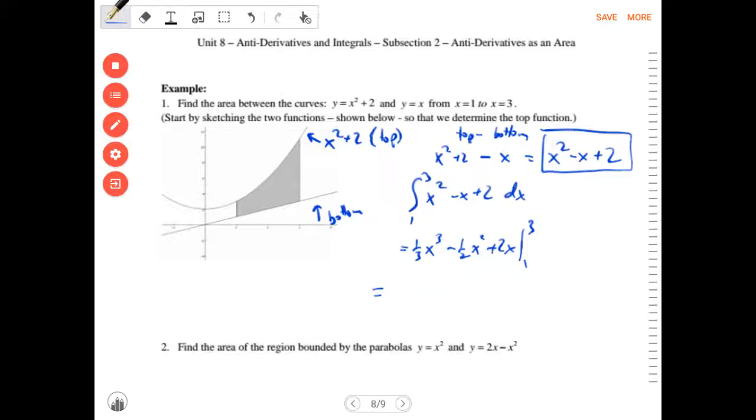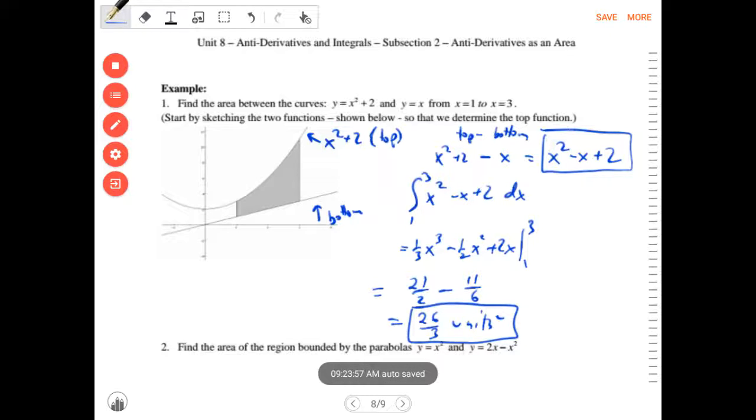Sorry, too much work. Just type it in. So that is 21 over 2 for the 3. Then we're subtracting, and for the 1, that's going to be 11 over 6. Not a big deal, which of course, when you subtract, is 26 over 3 units squared.